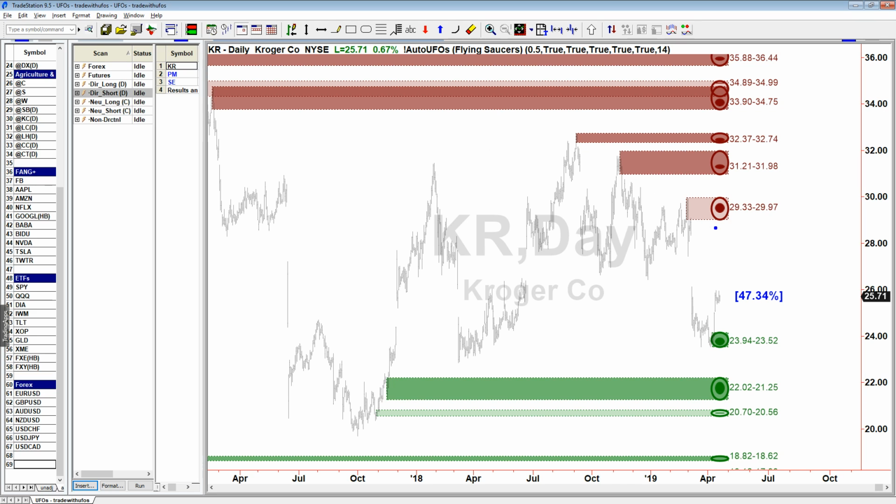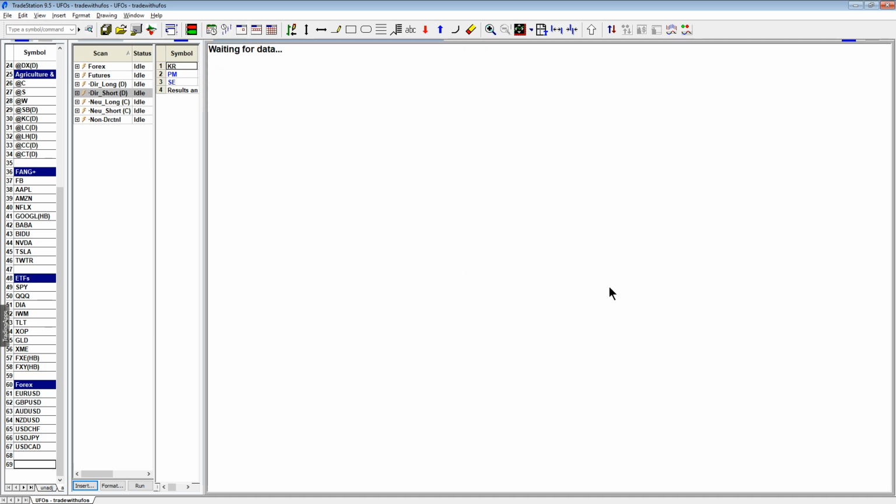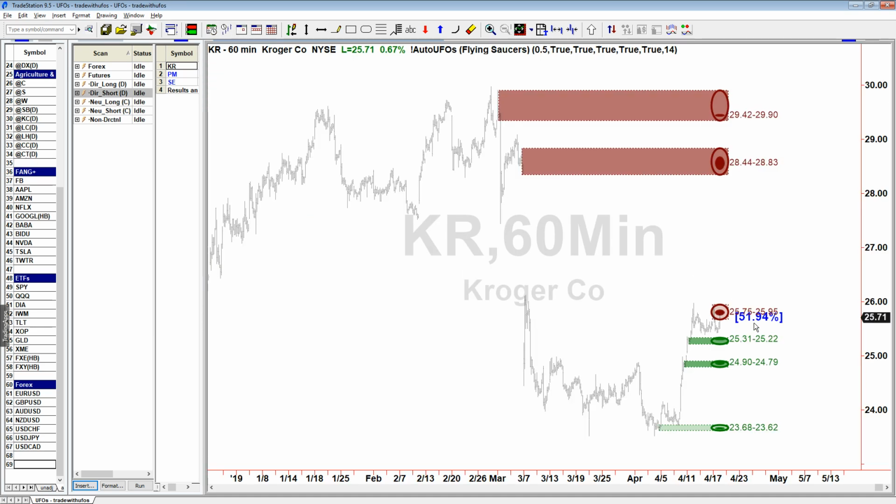I'm concerned about the fact that we have this huge, massively open gap above price, and the fact that the performance stats, well, actually they're okay in the 60-minute time frame. So it's time to take this trade if you want to take this trade to the short side. So we need to buy a put here.